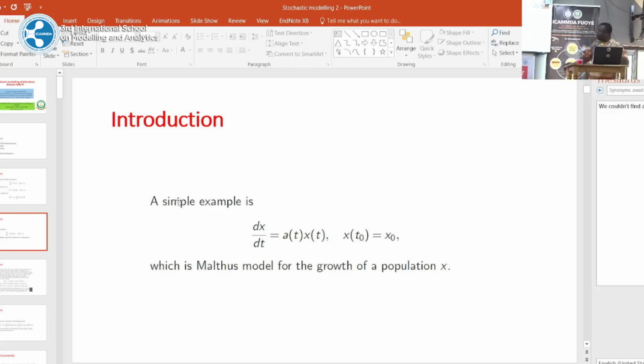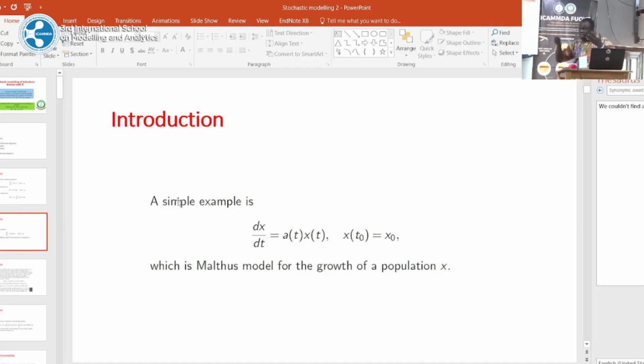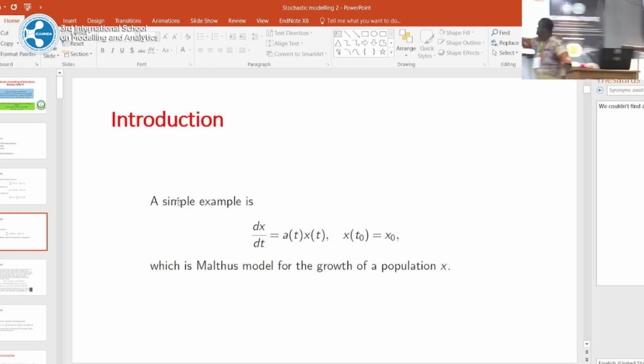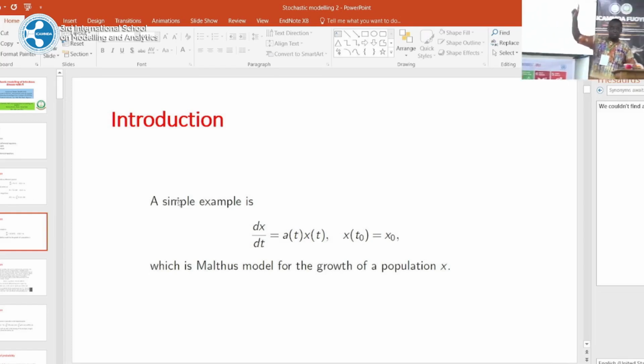So this is just Malthus' model for the growth of a population x. Malthus was a reverend, I think an Anglican reverend. He thought about this and then developed this model. So this a of t, x of t can grow because this is positive, so it can grow exponentially, right?